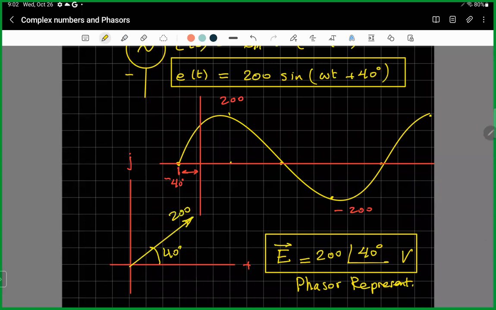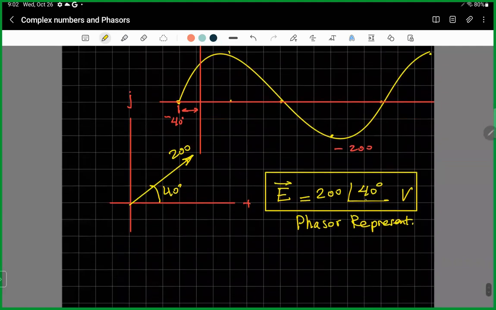So this is the phasor representation of the voltage: 200 at an angle of 40 degrees volts. You make a vector equal to 200, and the angle is a positive 40 degrees because it's advanced. All right, and that's the phasor representation using graphical representation. So that's the way that we did last time.